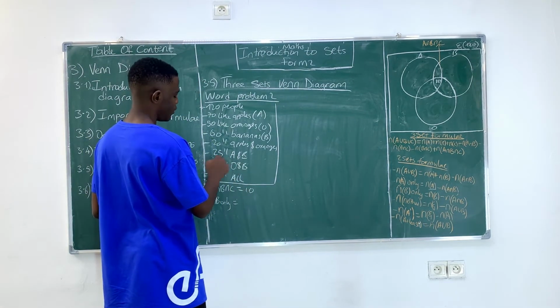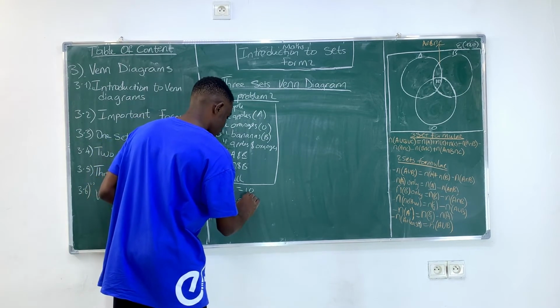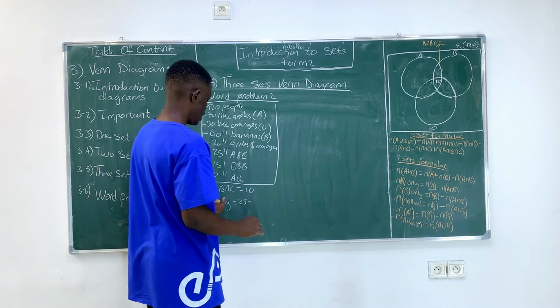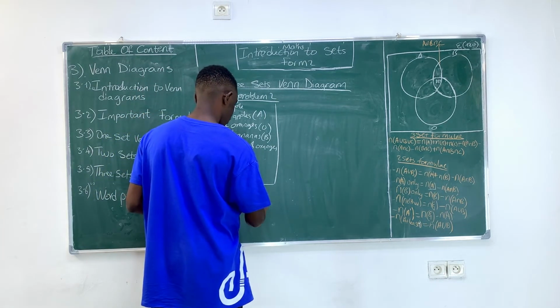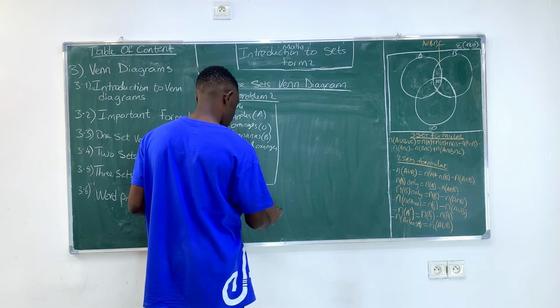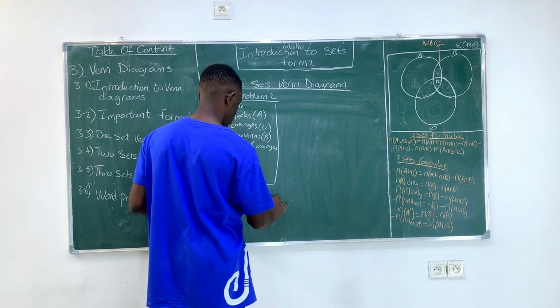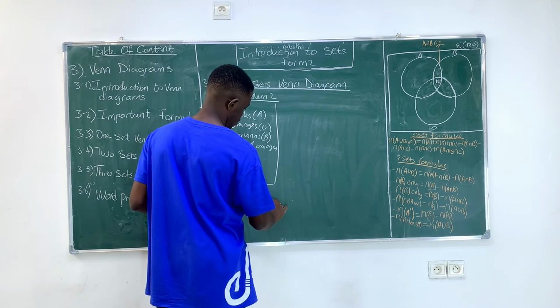A and B is 25. So 25 minus 10 is equal to 15.